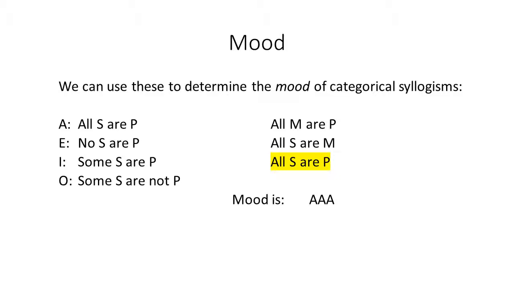The first one corresponds to the first premise, the second one to the second, and the third one to the conclusion. So the mood of any syllogism of this form, all M are P, all S are M, all S are P, is AAA.